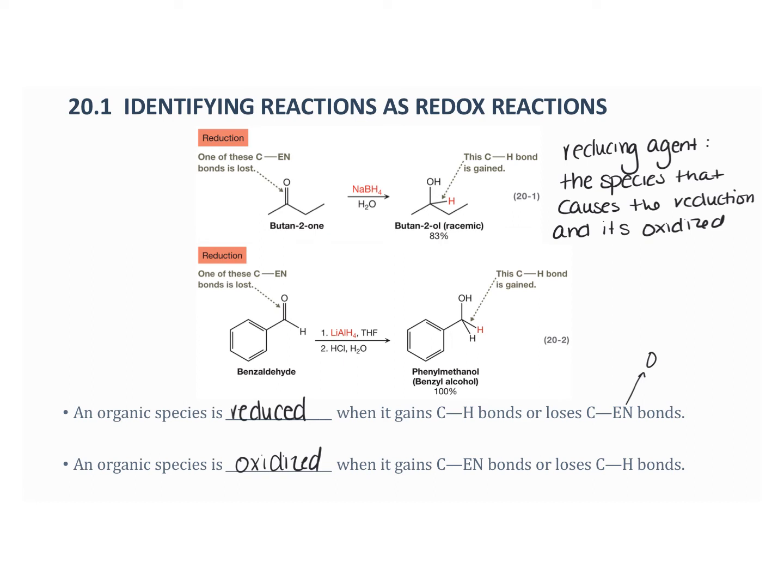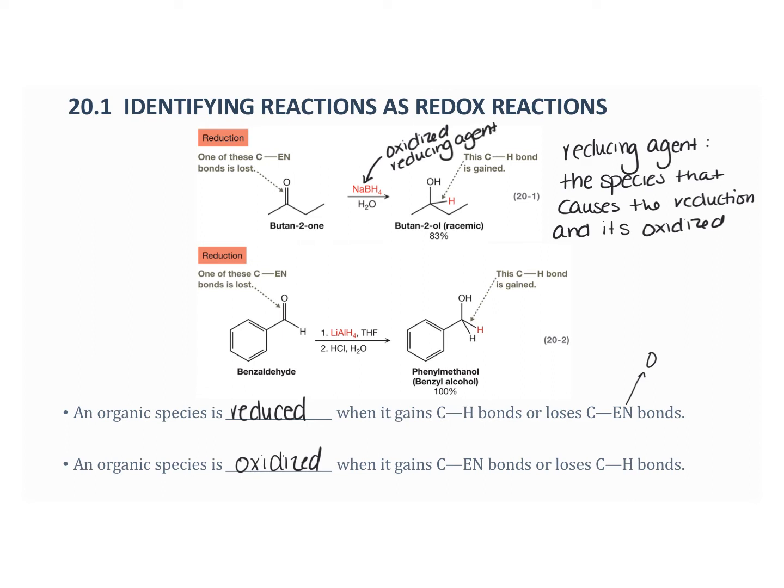So whatever's oxidized is the reducing agent because it causes the reduction. And then whatever is reduced is the oxidizing agent because it causes the oxidation. So in this particular example here, sodium borohydride is oxidized. So it is the reducing agent, okay?